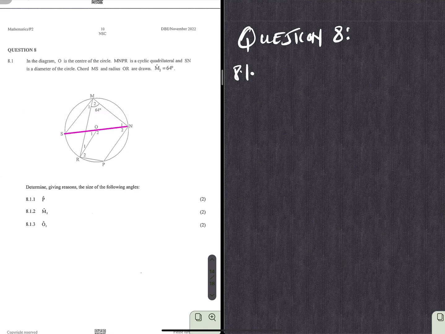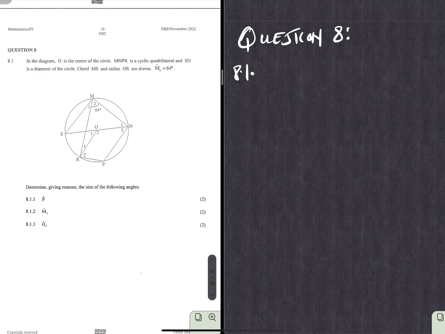The chord MS, that chord MS, and the radius, where's the radius? OR. That chord is drawn. So they are trying to tell you that these are drawn, and this will be twice angle M. The angle at the center is twice the angle at the circumference.